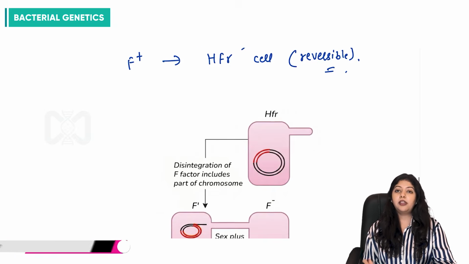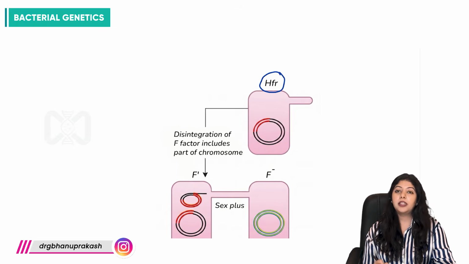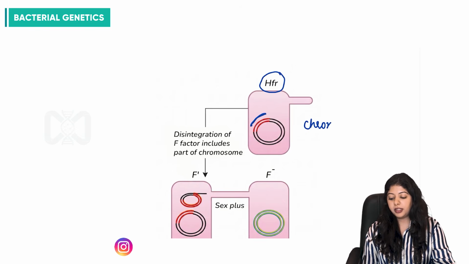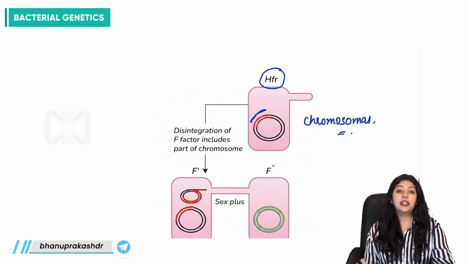Now for this method, let us see that this is an HFR cell wherein we have the F plasmid which has been integrated into the chromosomal DNA. Now it has decided to disintegrate itself from the chromosomal DNA and get into its free state.